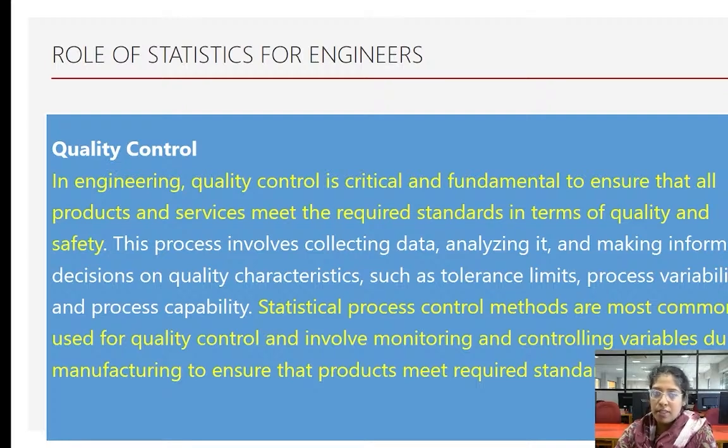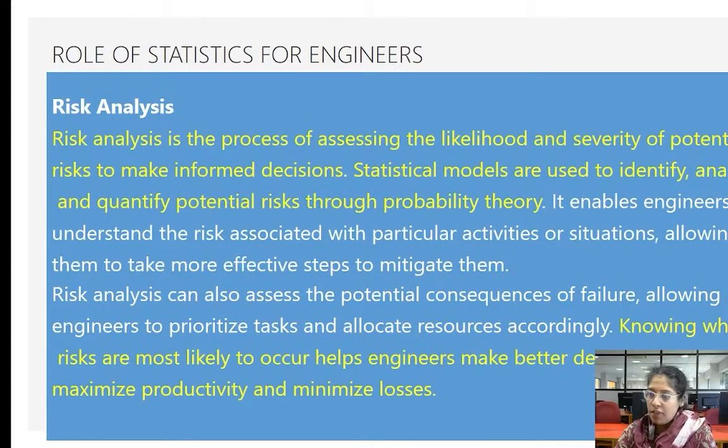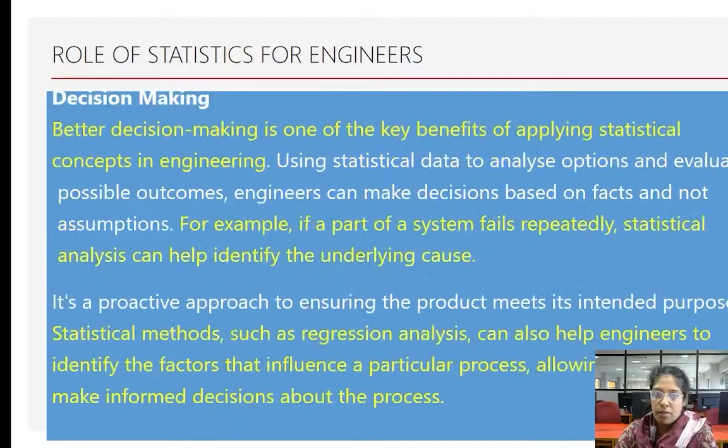So, quality control statistics is used, and obviously, risk analysis, as we know, is nothing but the process of assessing the likelihood and the severity of the potential risk to make informed decisions. Statistics is going to help us by knowing what the risks will be and how the engineers can make better decisions so that the risk is reduced, there is a maximization of productivity, and obviously minimize the losses.